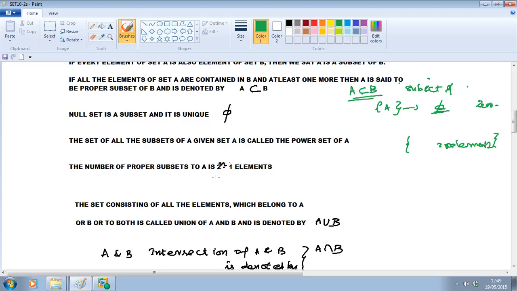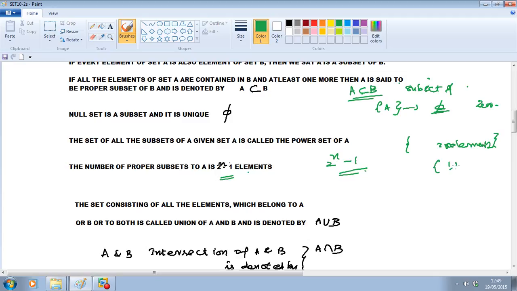The number of subsets is determined by a formula: the number of proper subsets of A is 2 to the power n minus 1, where n is the number of elements.